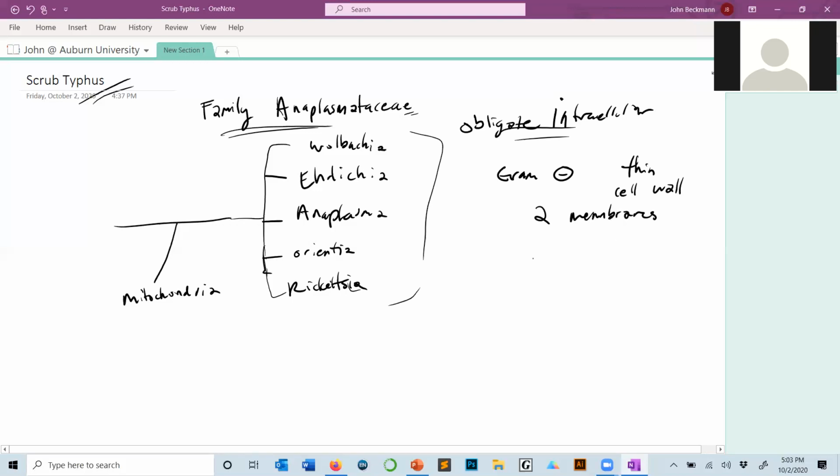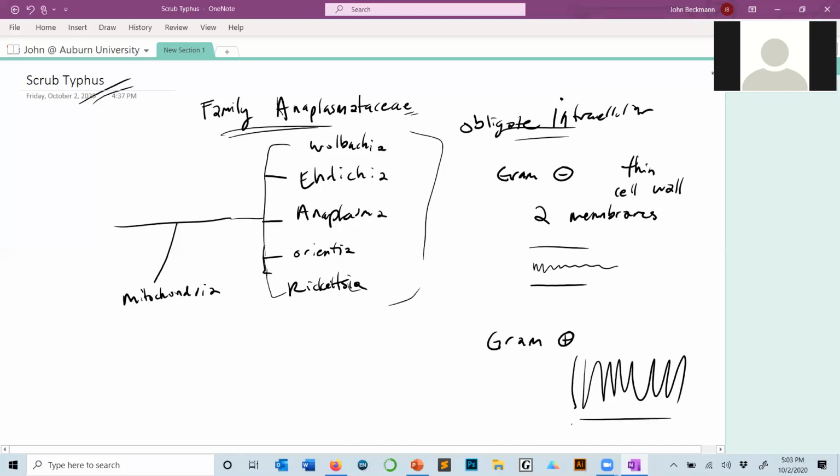So there's an inner and an outer membrane, and a thin cell wall between them. Gram-positive is different. How? A giant thick cell wall and just 1 inner membrane. And this family, these are gram-negative. So they look like this, with their outer membrane. These are important things to remember about this family of bacteria.